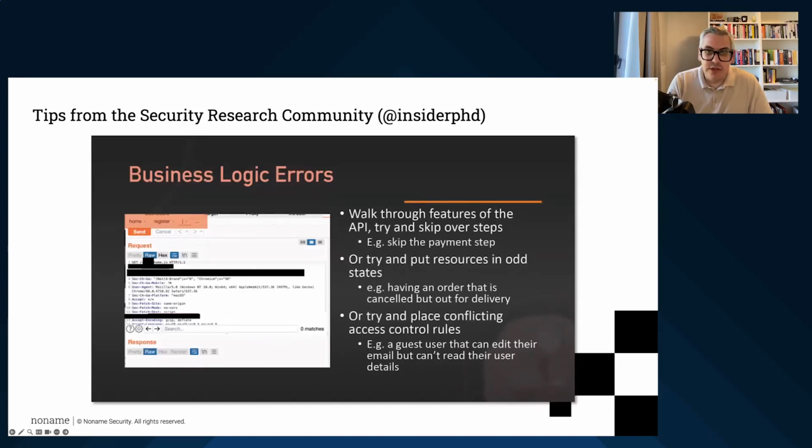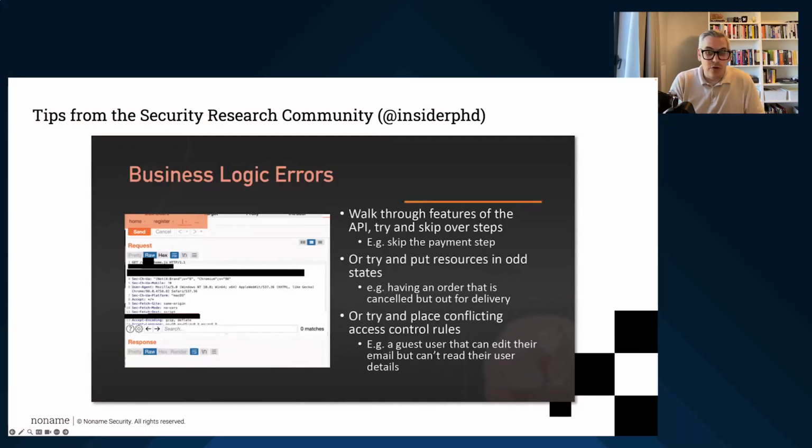One of the things that's pointed out here from Insider PhD is these business logic errors. So what I alluded to before is that business logic flow is a very hard thing to tie down beforehand because you actually want to expose that to the outside world. That's the functionality of your API essentially. So what Insider PhD is suggesting here is figure out a way to inventory the steps required to do something with that API.